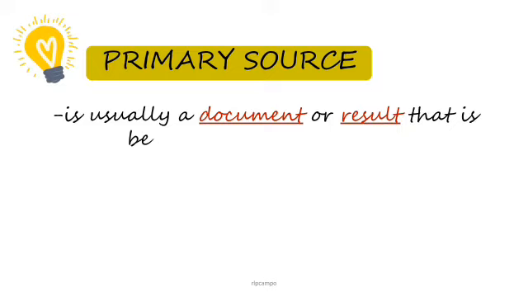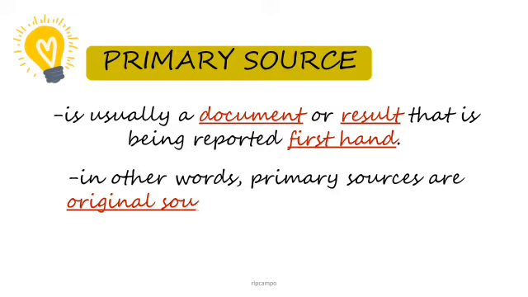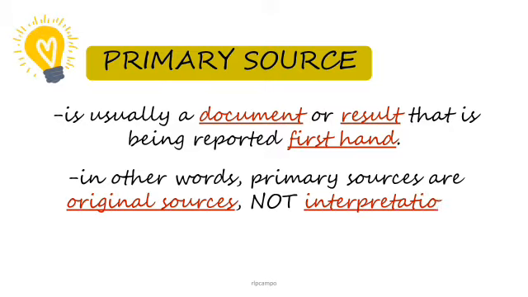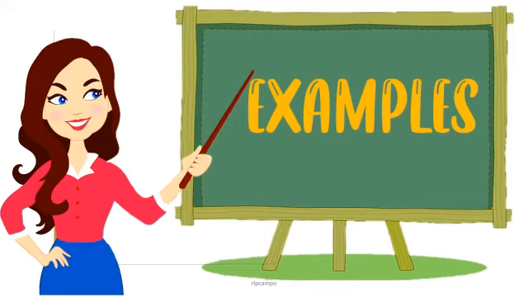A primary source is usually a document or result that is being reported firsthand. In other words, primary sources are original sources, not interpretations made by someone else. These are some of the examples.